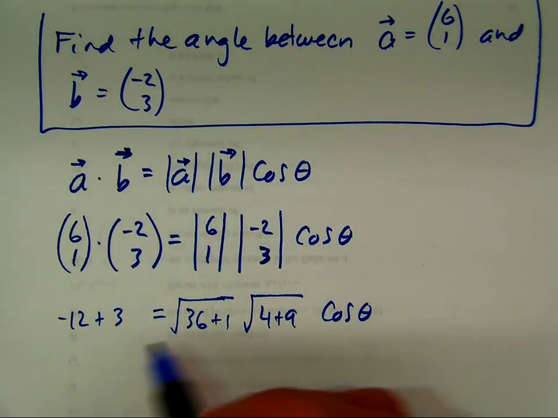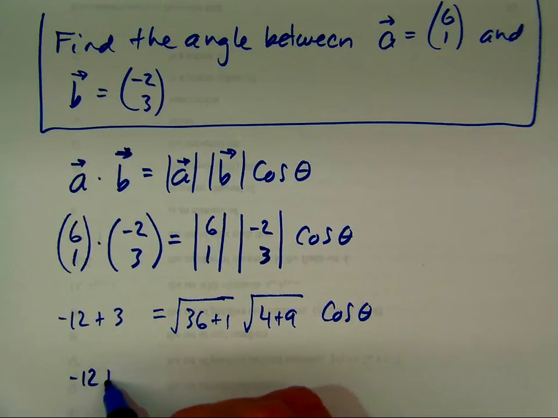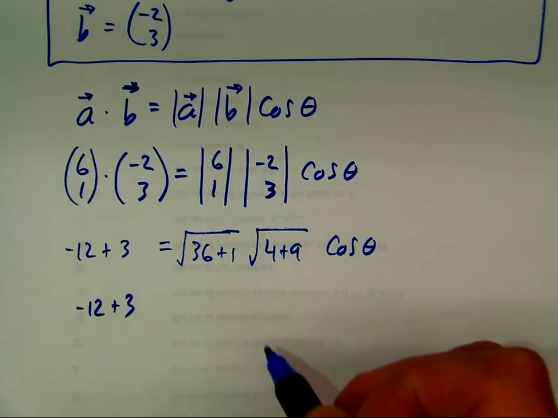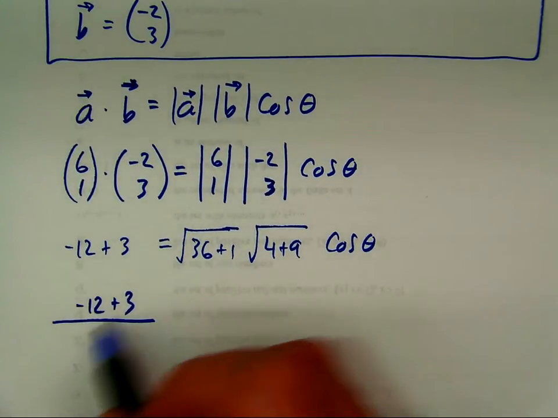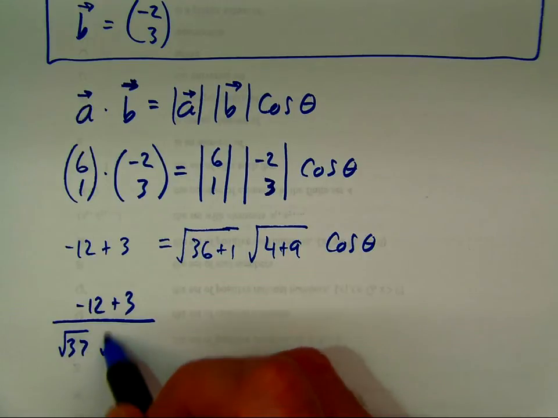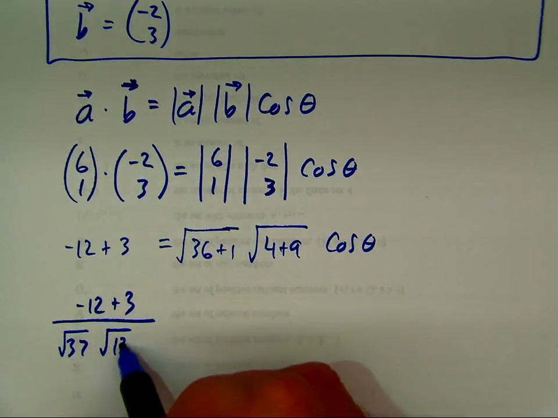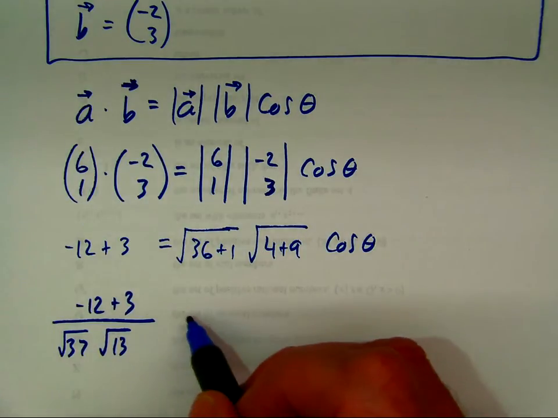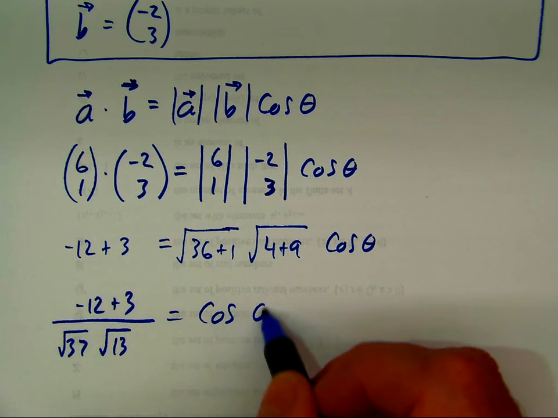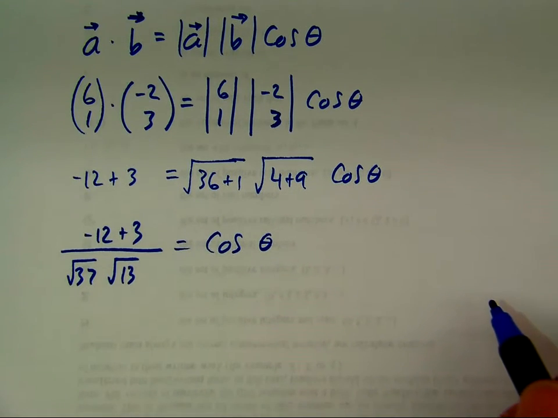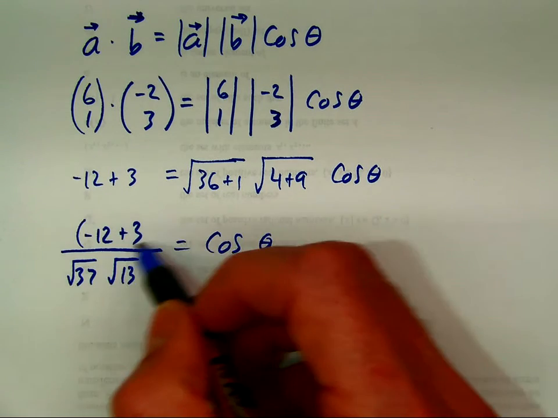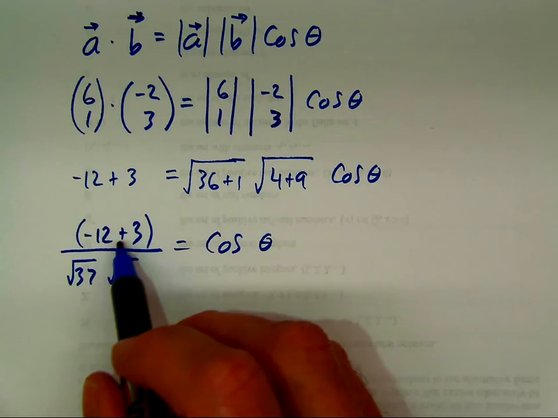Since we're going to use the calculator, you can just leave it as it is: radical 37, radical 13. And then in the calculator, make sure you have parentheses around the addition.